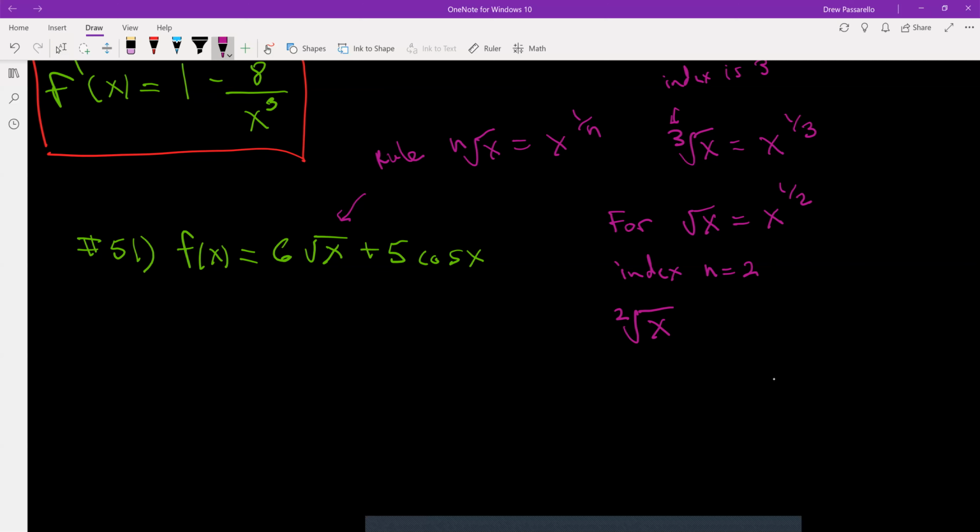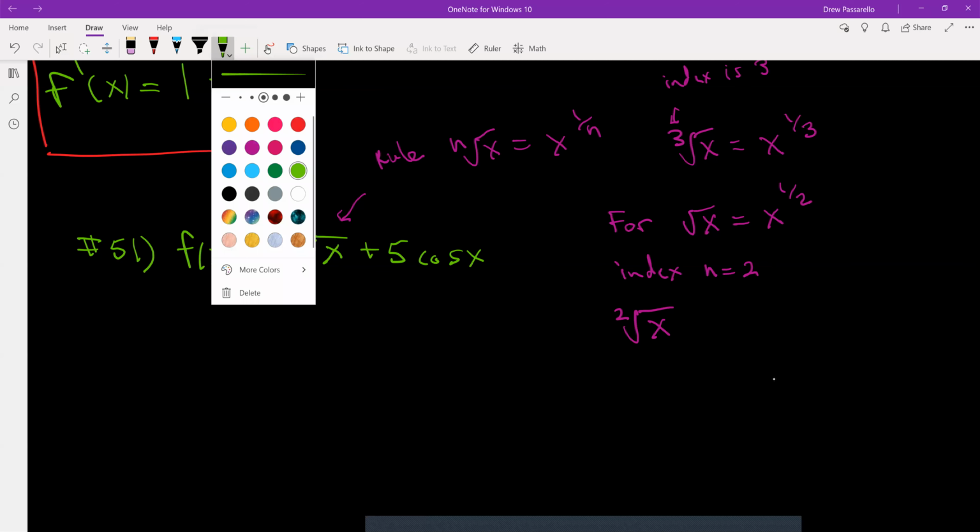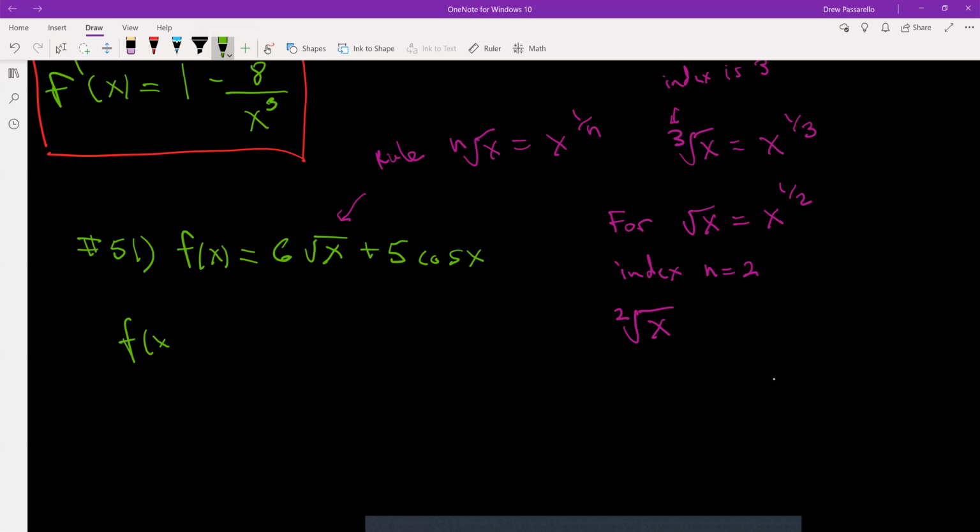All right, so that changes the problem. So now I'm going to rewrite the problem. So it's f of x equal to, instead of 6 times square root of x, it'll be 6x to the 1/2 using that rule, and then plus 5 cosine x.